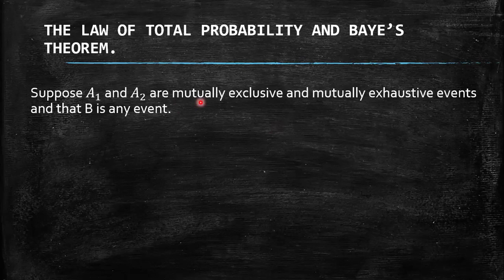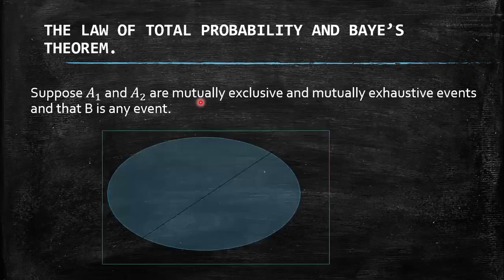And we are saying A1 and A2 are mutually exclusive, and they are also mutually exhaustive. So remember, with exhaustive, we said when we add their probabilities, they give us a 1. So we are going to look at this illustration.